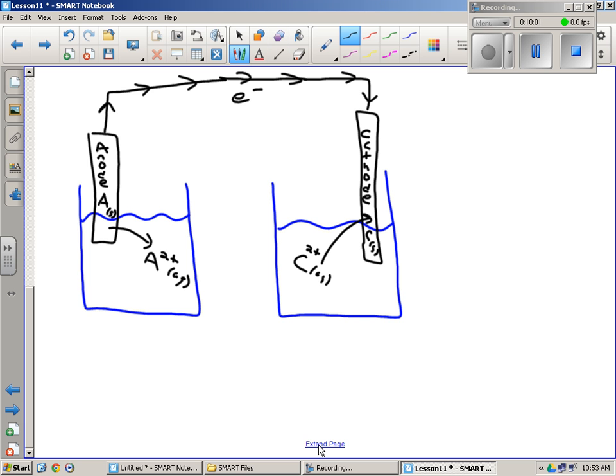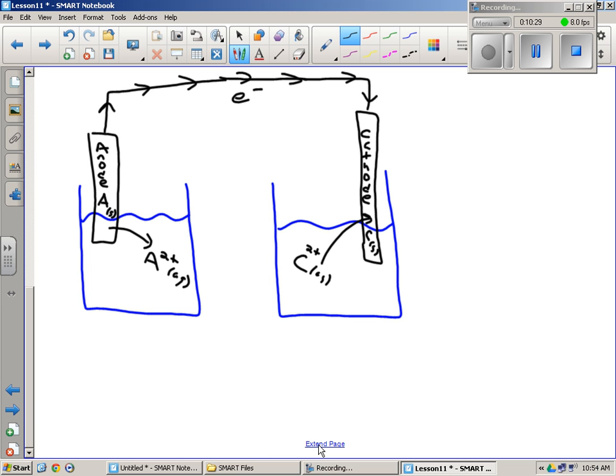What's the cathode half reaction? C2 plus plus 2 electrons gives me C solid, because it's being reduced at the cathode. Those electrons come into this cathode, and the C2 plus and those electrons meet up and add on to that. We'll talk about that in a second.